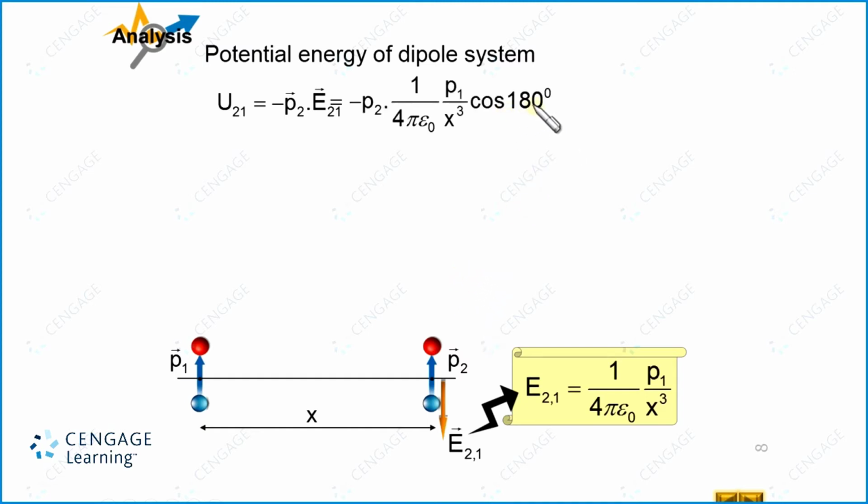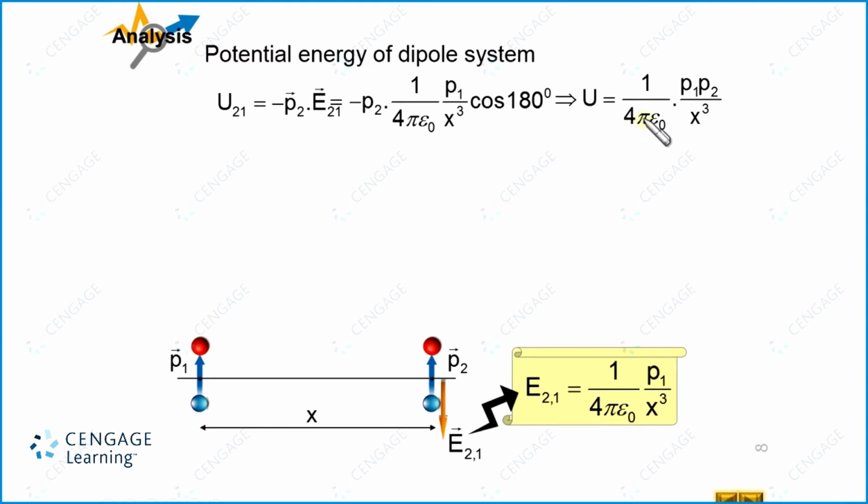Cos 180 degrees equals minus 1, so minus and minus will be positive. Let us write U instead of U21, because U12 and U21 will have the same value. So the potential energy is 1 upon 4 pi epsilon naught P1 P2 divided by x cube. Here we got the potential energy of the system.